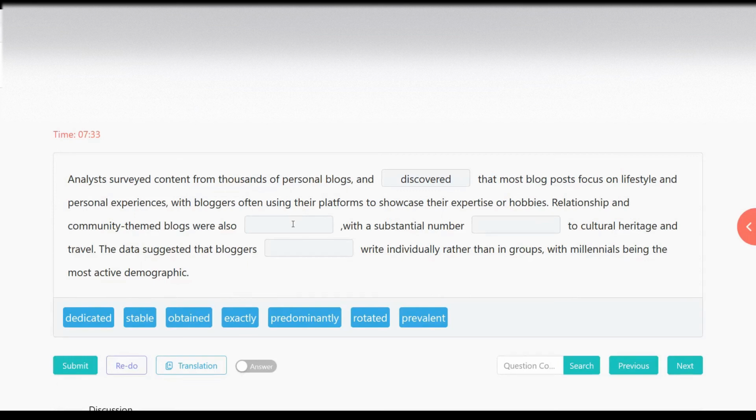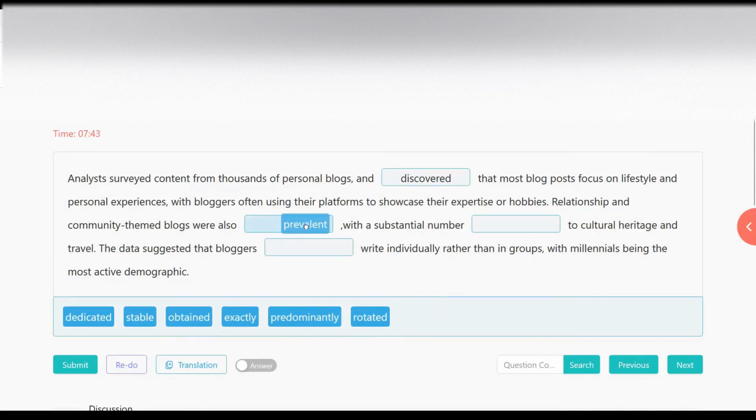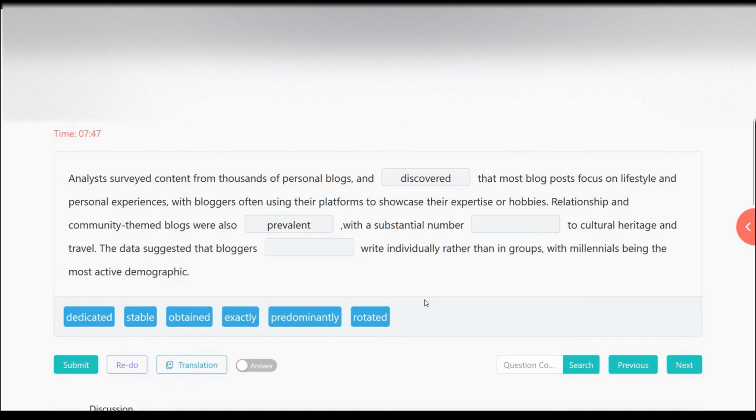When you see that regularly, that means they are very common. And what is another word for common? That is prevalent. So in this way you should be able to match the things.